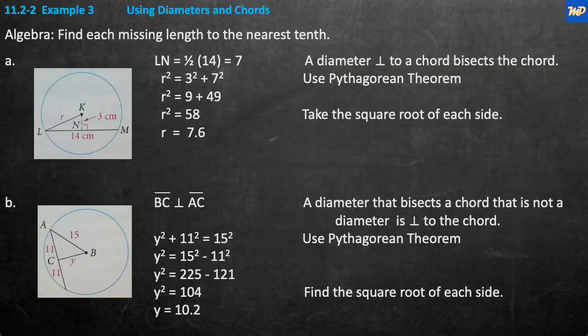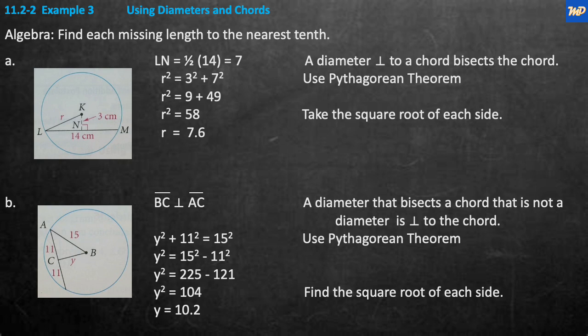Okay, example 3, using diameters and chords. Find each missing length to the nearest tenth. What we're looking at here, the missing length in problem A is R. And in B, the missing length is Y, but it's a different portion of this triangle.